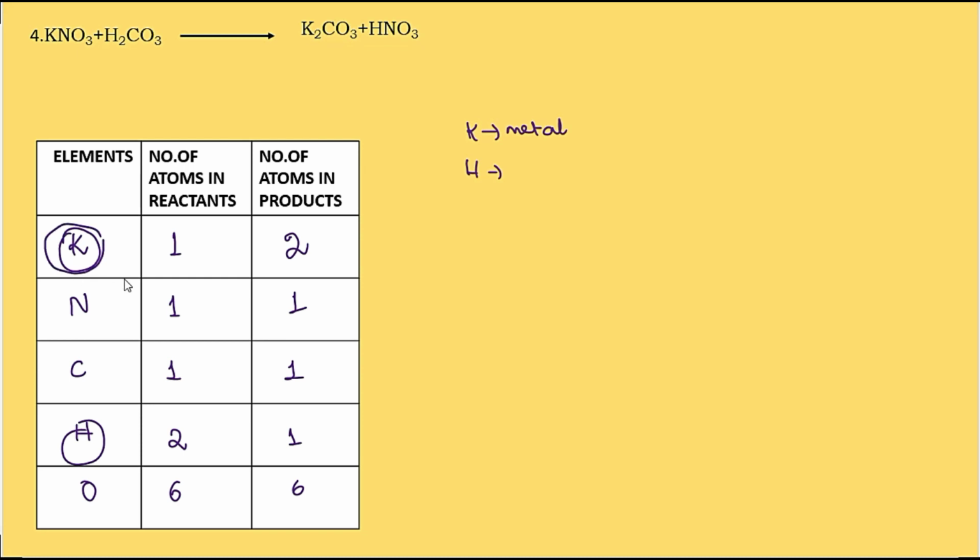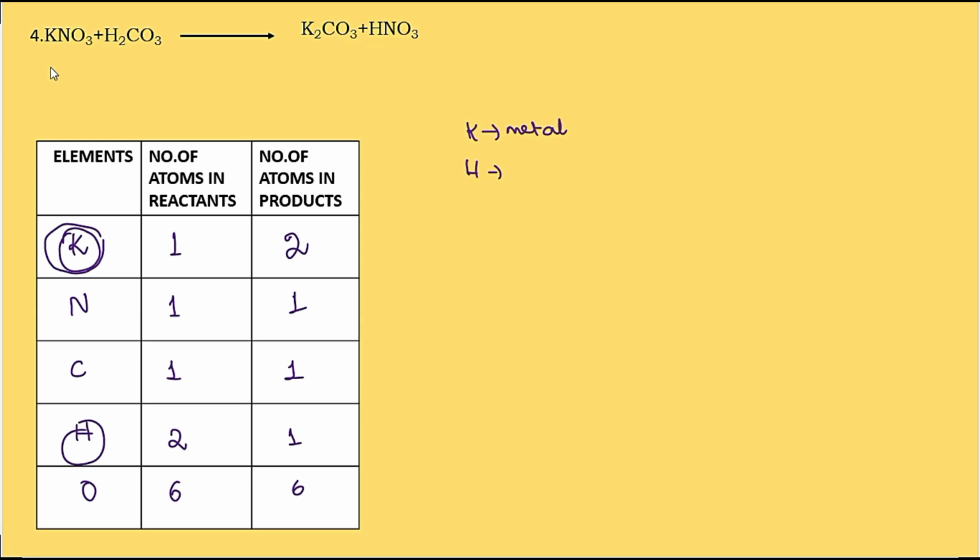See here, potassium has number of atoms in products as 2 and in reactant as 1. So simple, if we multiply KNO3 with 2, the number of atoms in reactants and products will be the same for potassium.